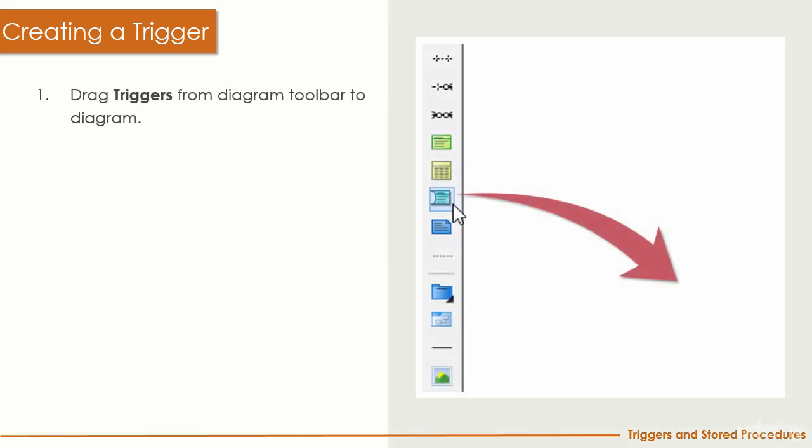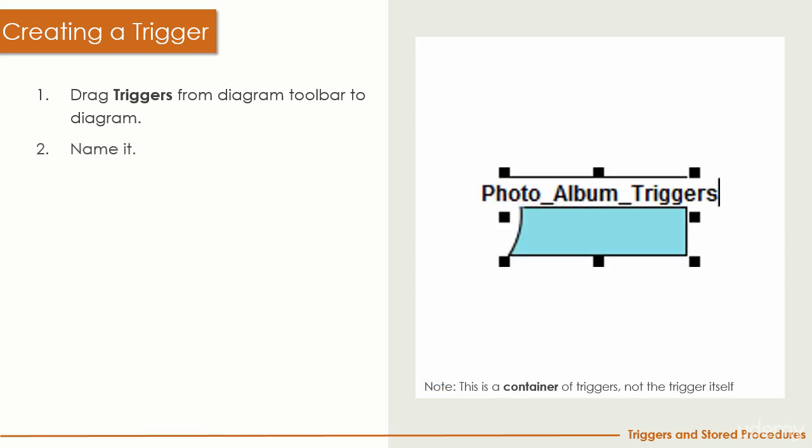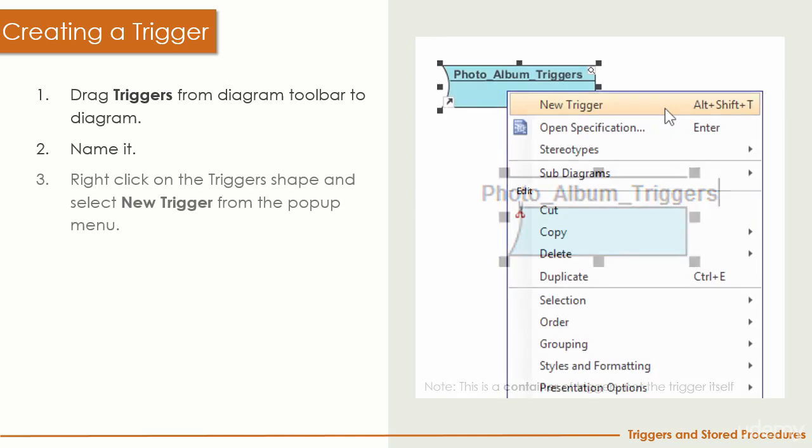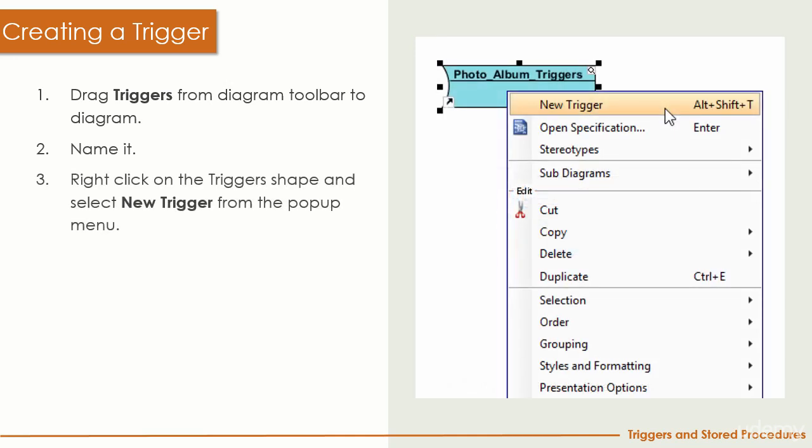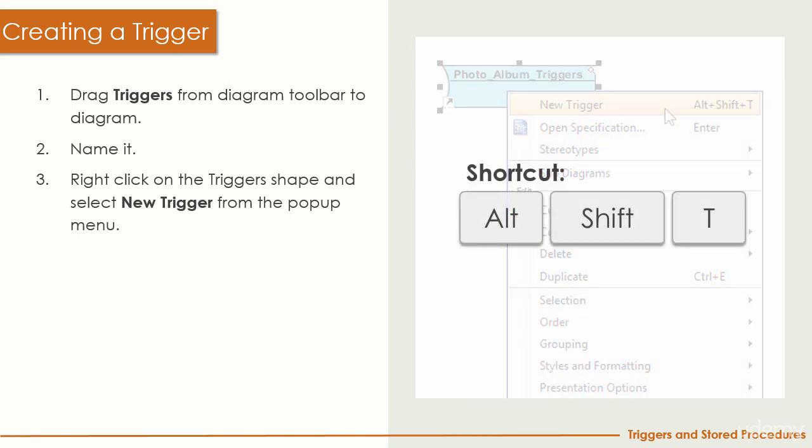To create a trigger in Visual Paradigm is easy. You just go to the triggers item on the toolbar, drag and drop it into the diagram, and then you will create the triggers. Please note that this is triggers, not a single trigger. It is a container of a set of triggers. So the triggers is a logical container. Then you can write a lot of triggers inside. After you give the name of the triggers, you can right click to create a new trigger, and you can also use the shortcut key Alt+Shift+T pressed together.